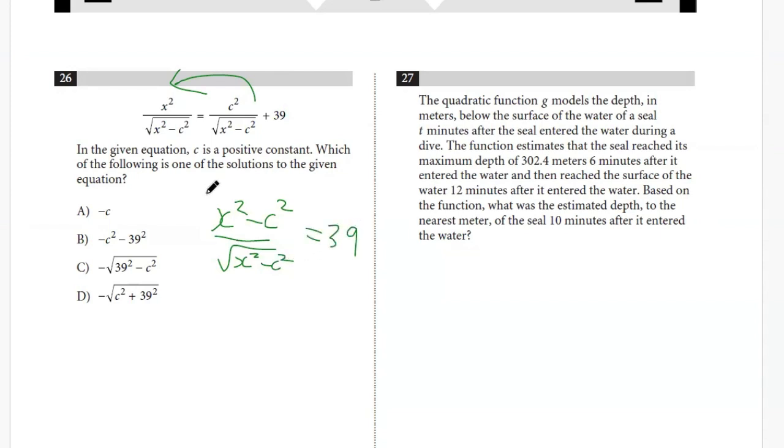Now I'm going to square both sides, all of this. So it becomes x squared minus c squared, squared. And since the squares cancel out, I can go ahead and write this here.